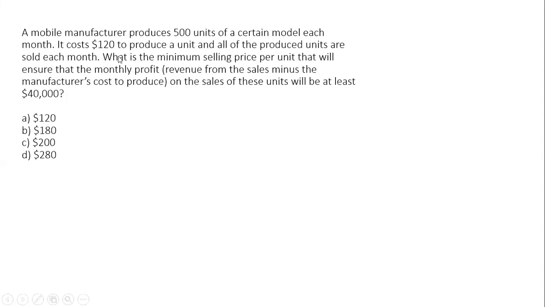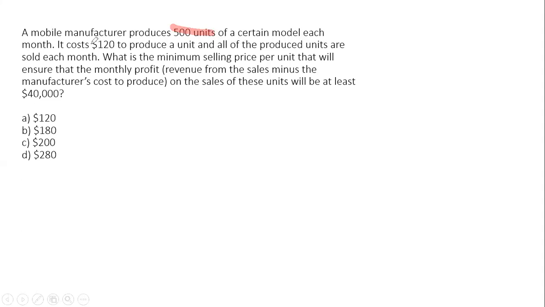Now, guys, it's a word problem and you have to be good in reading the word problem and understanding and making an equation out of it. So let's try to make an equation out of it. It says a mobile manufacturer produces 500 units. So that's important. We are manufacturing 500 units of a certain model each month.